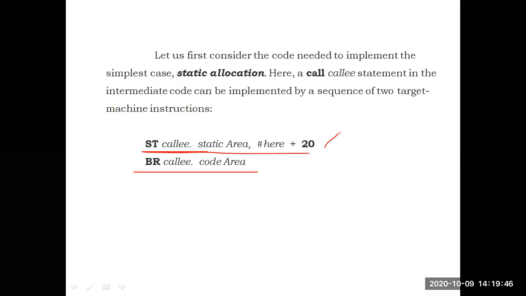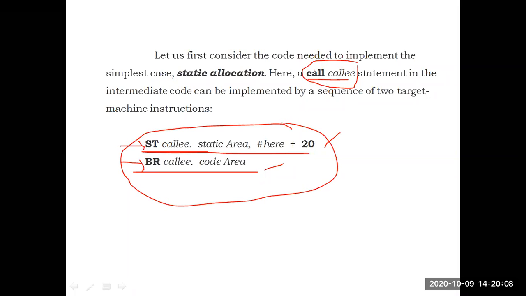Now we will briefly see the meaning of these instructions. The three-address statement call callee is represented in machine code with two instructions, store and branch: store callee.static area, branch callee.code area. We will discuss this now.